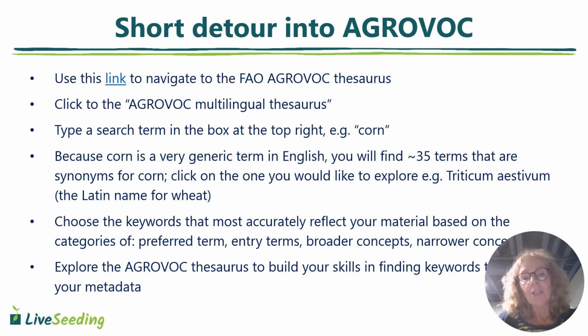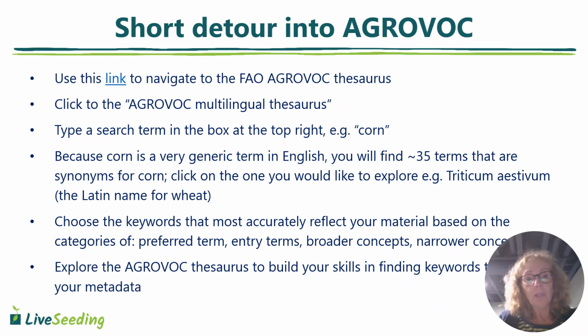If you put that in, you'll see that the thesaurus will show you all the different possible words it could mean and suggest more specific words you could use in your subject keywords, just to be sure that readers looking for information, let's say on wheat, will find it.